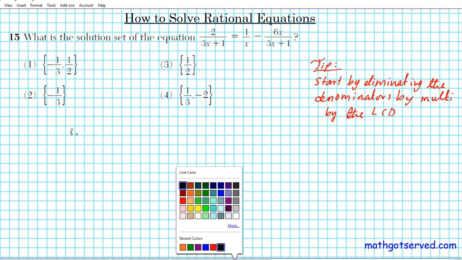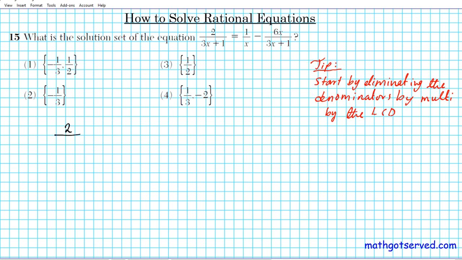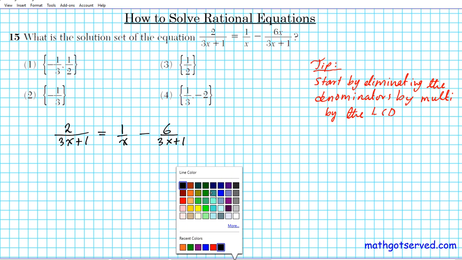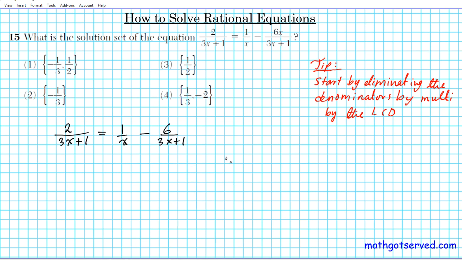All right, so to illustrate, check this out. We have 2 over 3x plus 1 equals 1 over x minus 6 over 3x plus 1. So the goal is to eliminate the denominators, 3x plus 1, x, and 3x plus 1. To accomplish that, we have to find the LCD of the denominator.